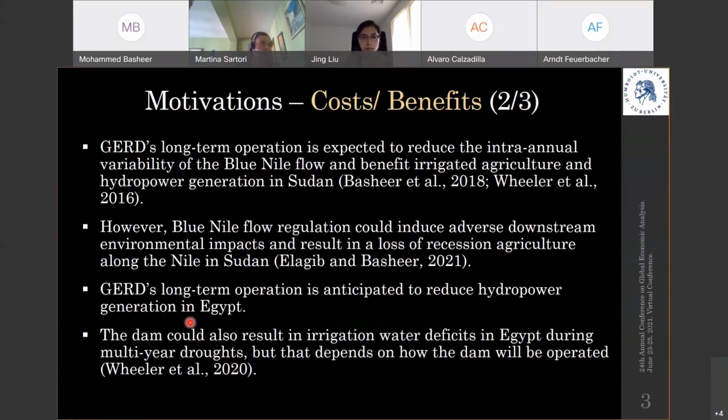Also, the long-term operation of this dam is expected to reduce hydropower generation in Egypt from the High Aswan Dam, and could result in water deficits in Egypt, especially during multi-year droughts, because water can be held upstream, which results in a drop in water storage downstream.